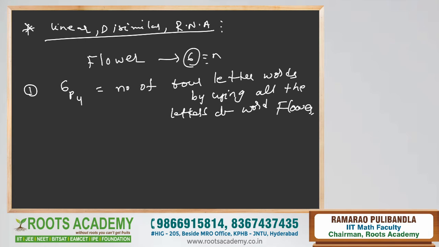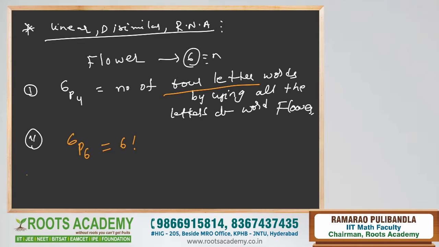So the next one: number of permutations possible by taking all the letters of the word. Number of permutations possible by using all the letters of the word. Here I said 4 letters only, but now I am saying all the letters, which means 6P6. That's nothing but 6 factorial.